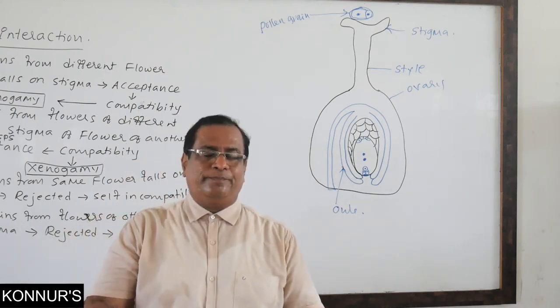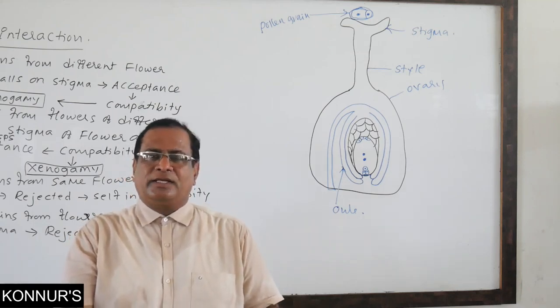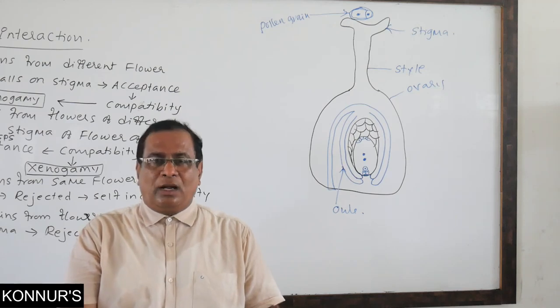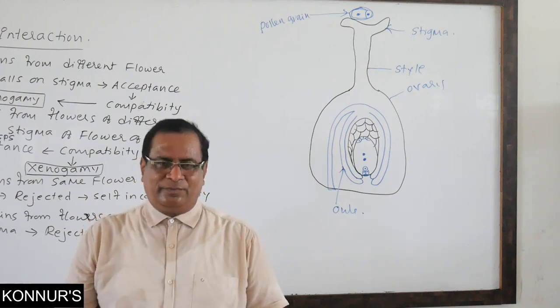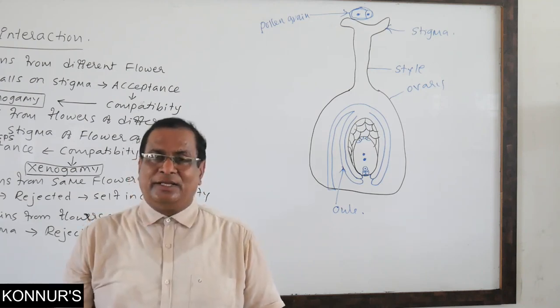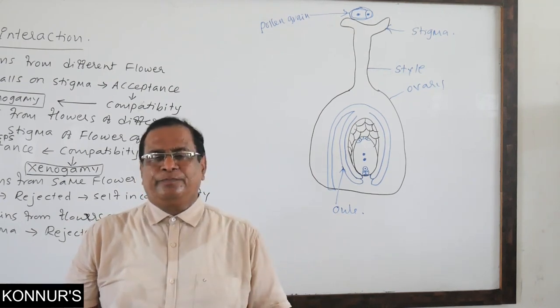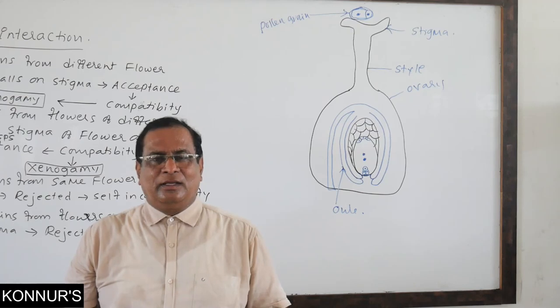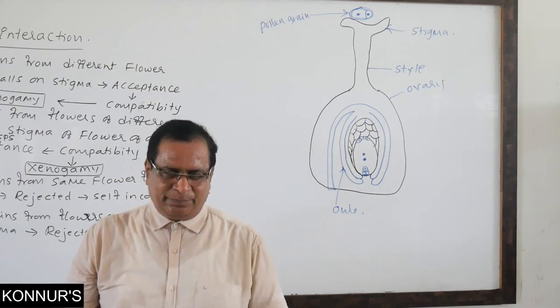And already we know in 60% of plant species pollen grain is released in a two-celled stage. One cell is the vegetative cell, another is the generative cell. In 40% of plant species it is released in a three-celled stage.